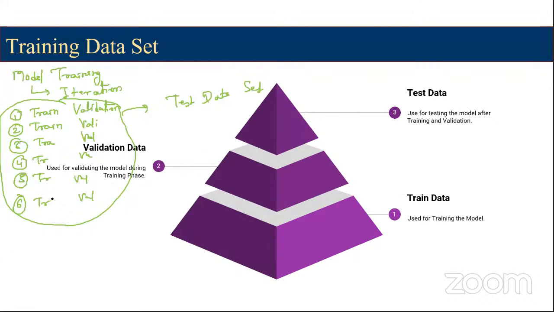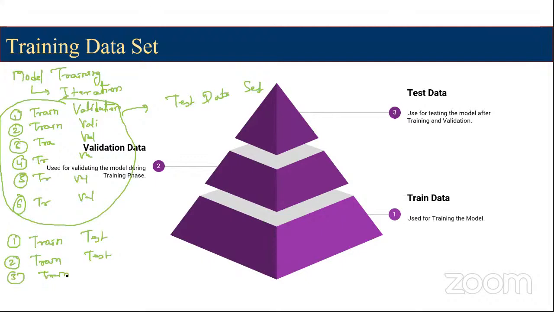Let's try to understand the same scenario when you are going for two splits. If you are going for only train and test split, then in each iteration, you are going to train your model using the train data set and evaluate using the test data set. So in each iteration, this is how it's going to look like. Train using train and evaluate using test.